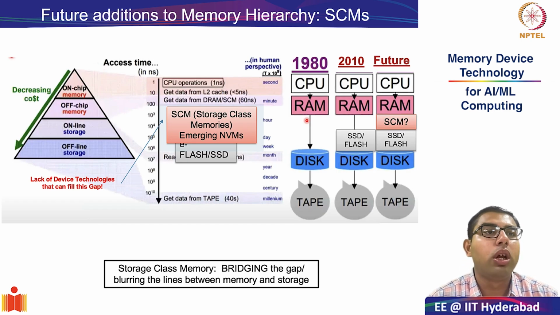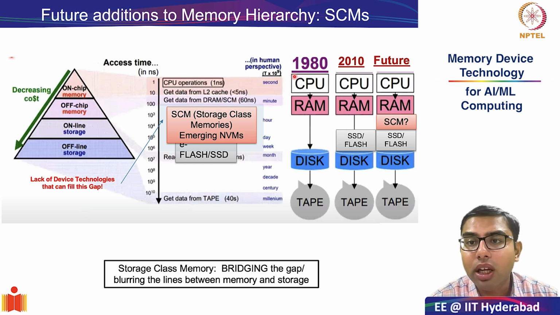We saw how the memory hierarchy, which takes the form of a pyramidal structure, is continuously evolving because of two primary factors. The first factor is the evolution of computing needs, which are getting complex by the day. The second important factor was that now we have access to a growing number of new kinds of memory devices and also storage devices.